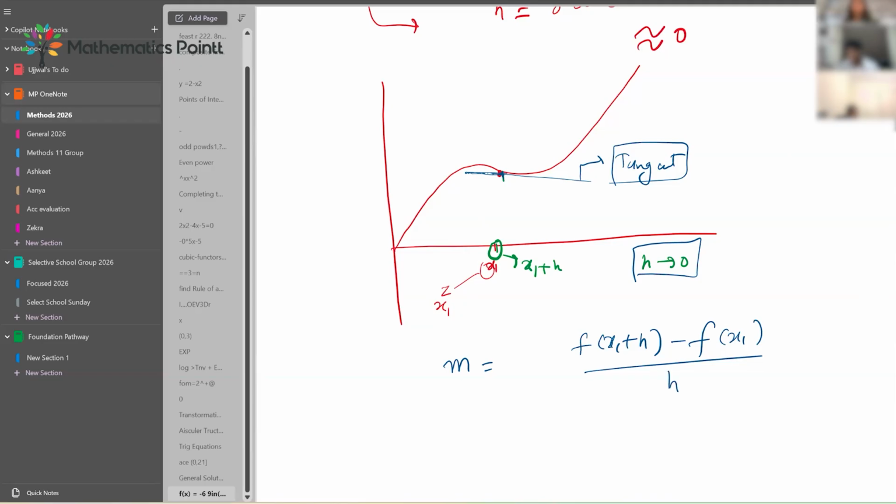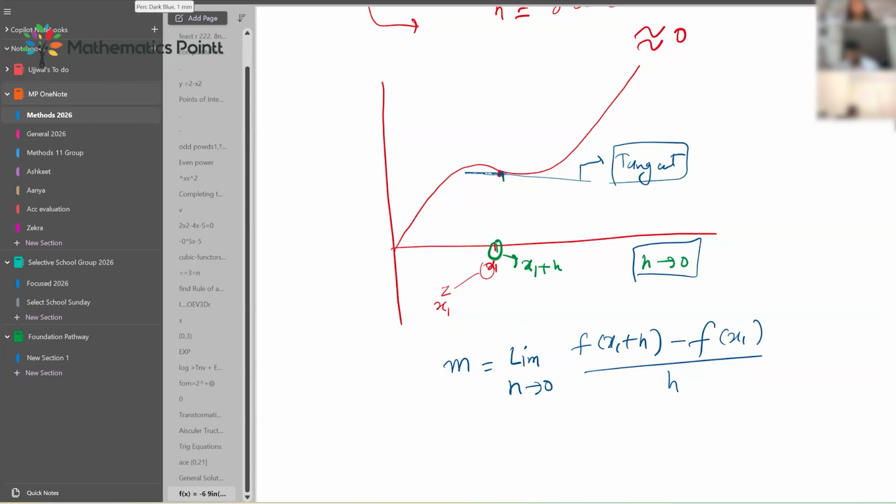But I will say limit h is approaching 0. I've just told you mathematically that this h is not a normal h anymore. It is a super small value. So I have to mention it.